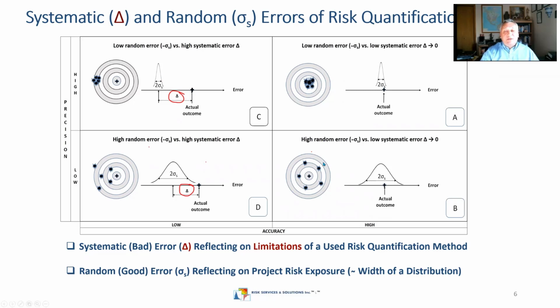Here we have a better situation when the curve actually covers the actual outcome. Yeah, and the width of the curve, the bigger random error, is just the width of the distribution, and it reflects the risk exposure of a given project. So we need to understand why methods, Monte-Carlo methods in this case, might have quite big delta.